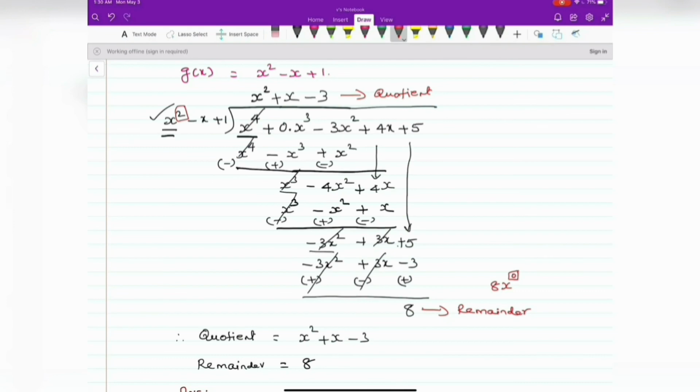So, we stop the division process when the remainder is 0 or the degree of the remainder is lesser than the degree of the divisor.